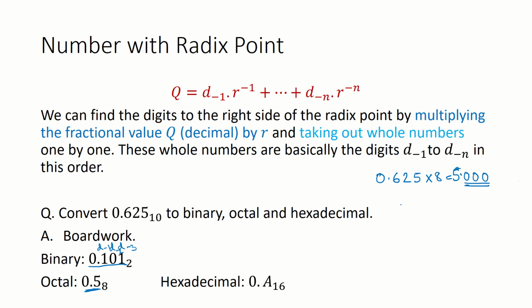In hexadecimal, if you multiply with 16, you can very easily understand this is going to be 10.0, and since we have to represent this 10 by a single symbol, that symbol is A. So, this is 0.A in base 16. I hope you got how to find out the number given a particular quantity, be it a whole quantity or a fractional quantity.